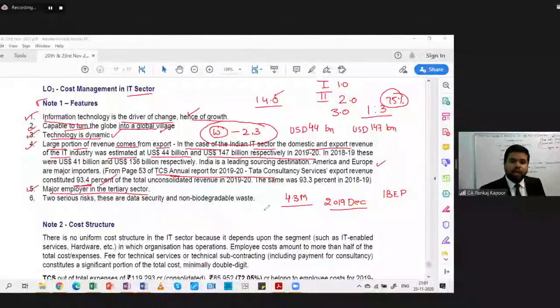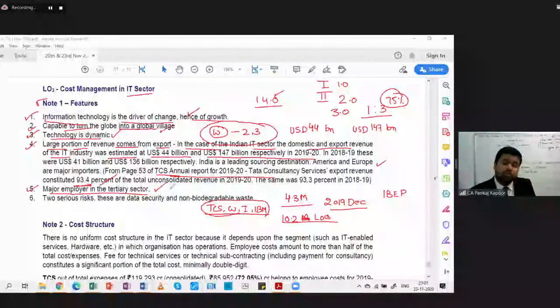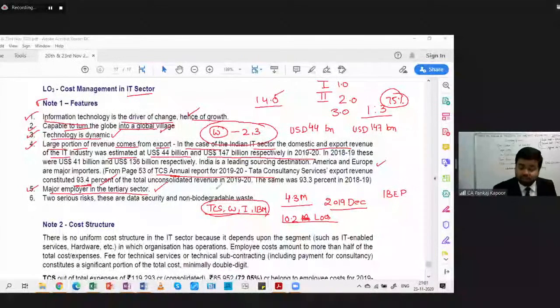In the top 4 IT firms, TCS, Wipro, Infosys, and IBM, around 10.2 lakh people are employed. So in case of India, it is a reasonably sized sector from the purview of employment.